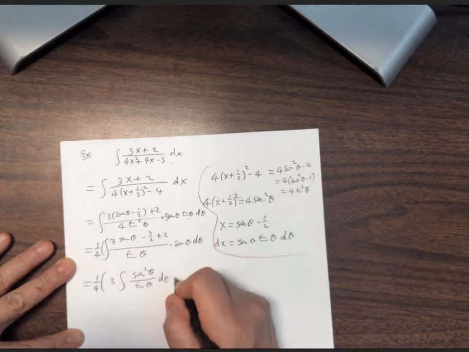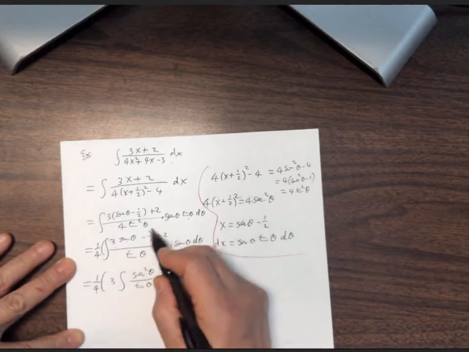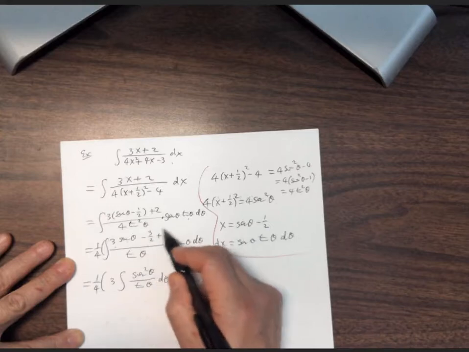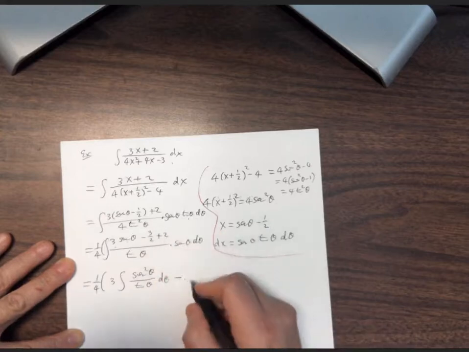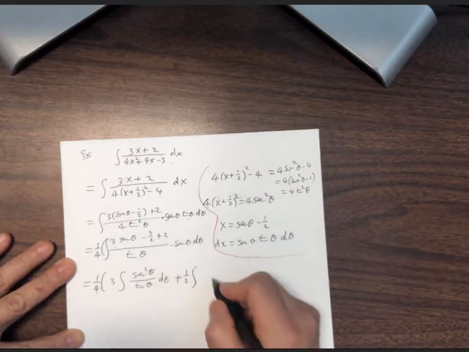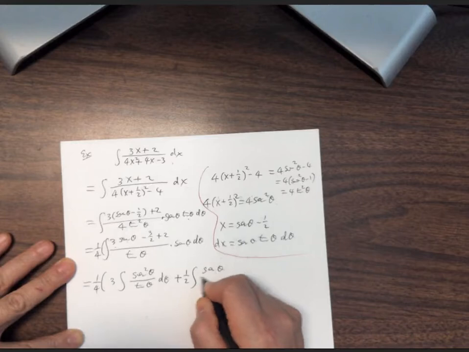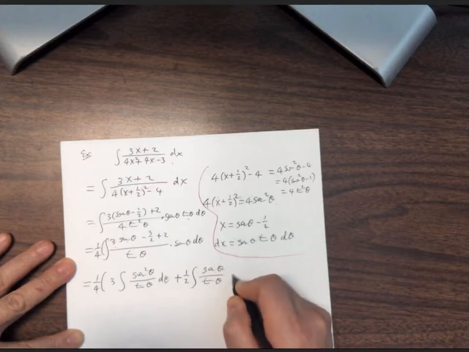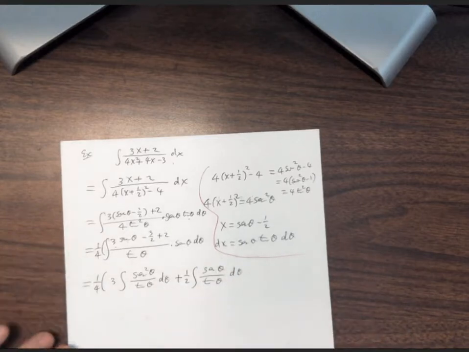Now the second one, let me combine the coefficients first. So it's 4 over 2 and the positive 1/2, with the secant on the top, tangent on the bottom, d theta.